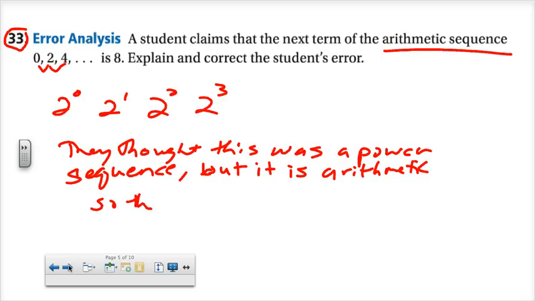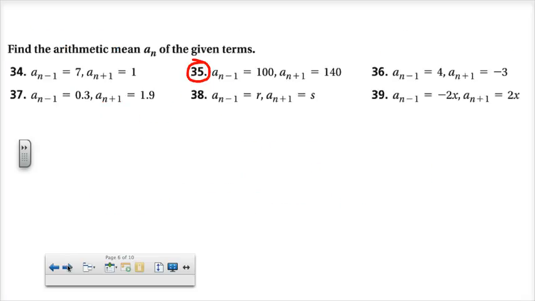So the next term is, well, we just add 2, 6. So that one little word, again, you'll find that the old English way to pronounce that is arithmetic. But to think of it, you want to think of arithmetic. So now we have their error fixed.